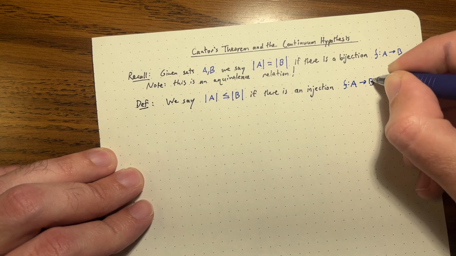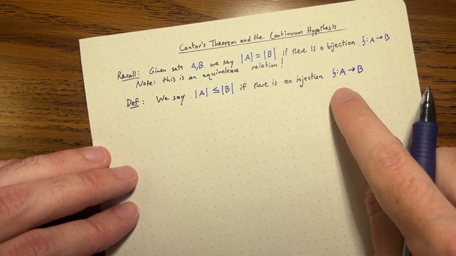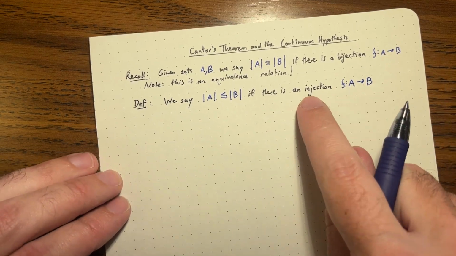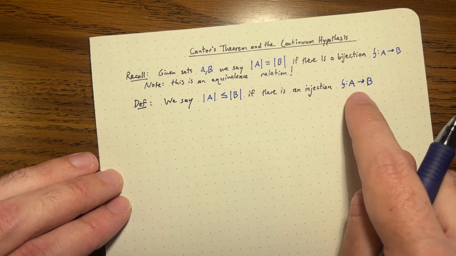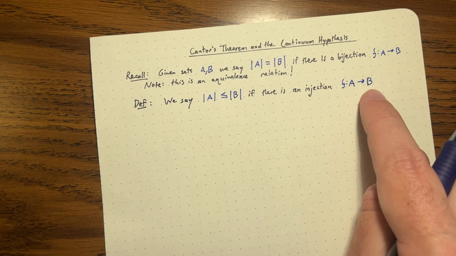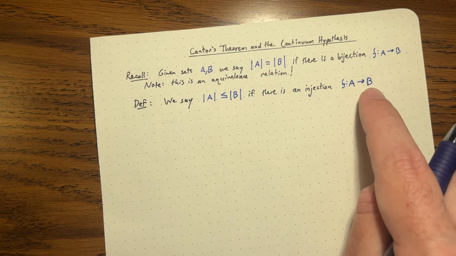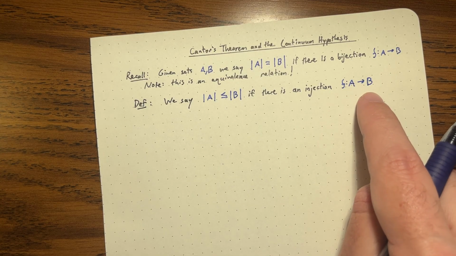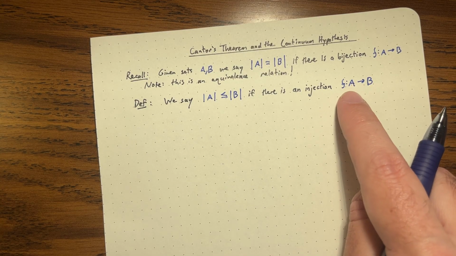This is not an equivalence relation. It's not symmetric. If there's an injection from A to B, the whole point of an injective function is that it allows you to view A as sitting inside B. It might not map to all of B, so it might not be surjective, but it's injective.